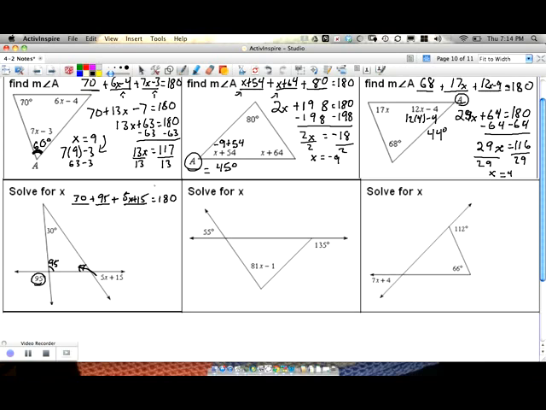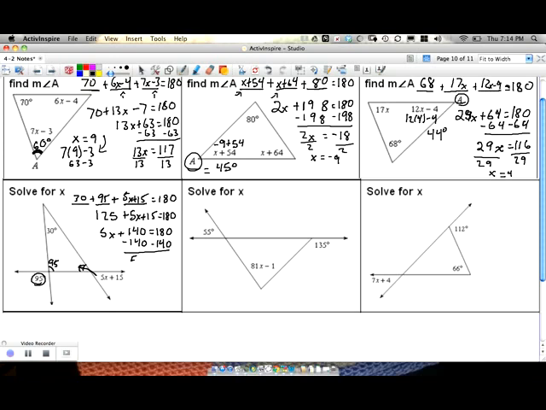Then we still have the 5x. I subtract 140 from each side. It gives me 5x equals 40. And if I divide by 5, x equals 8. And that's all it had me do. Solve for x. X equals 8.